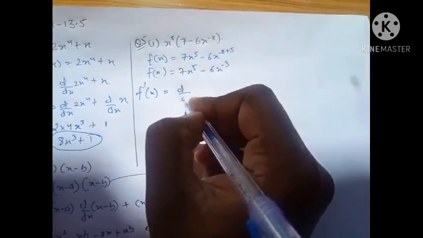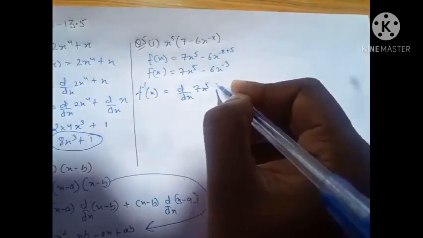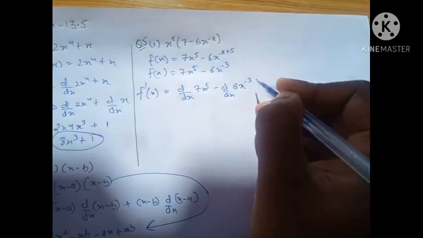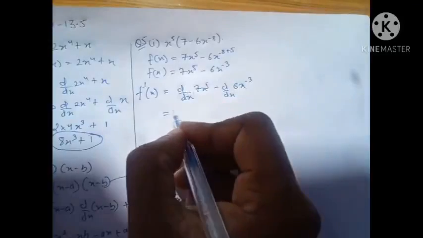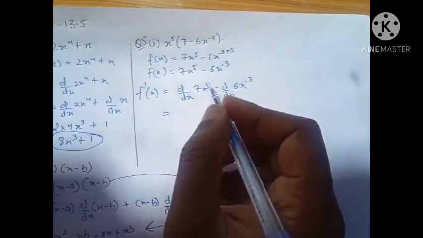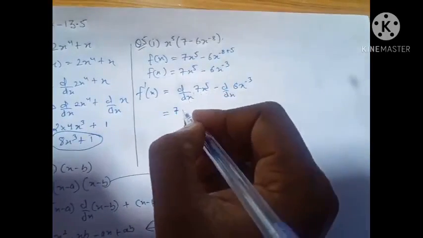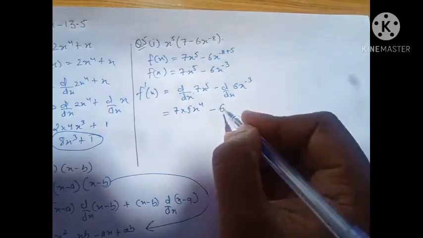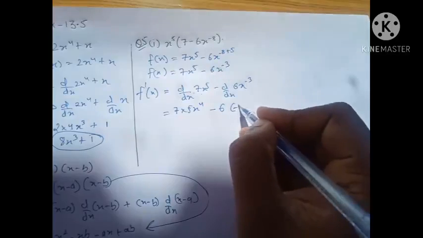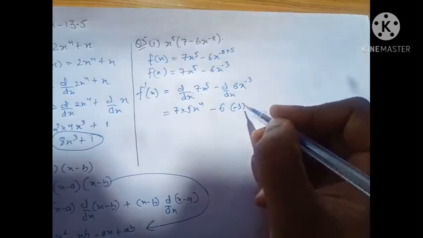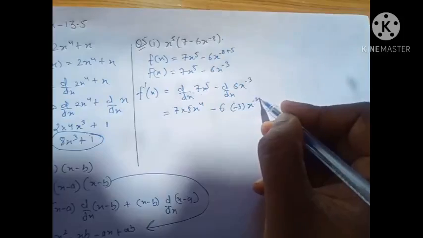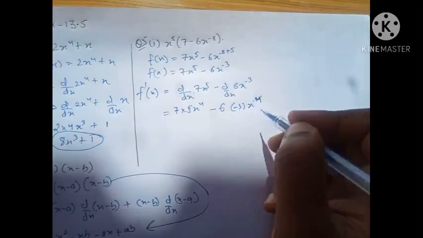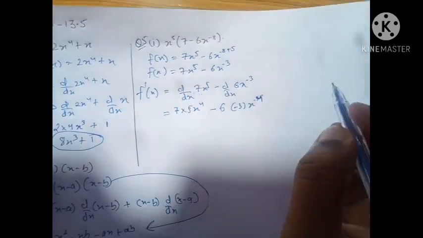When I am finding the derivative, d by dx of 7x to the power 5 minus d by dx of 6x to the power minus 3. So whenever I am finding the derivative of any function, the power comes in front, and the derivative of this is going to be 5x to the power 4. Okay, minus 6 is going to come outside, so it's going to be minus 6 times minus 3, and x to the power minus 3 minus 1, that's going to be minus 4. One less, so minus 3 reduced by one gives what? Minus 4. Okay, I hope you guys are getting it.